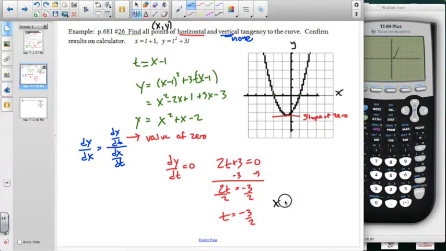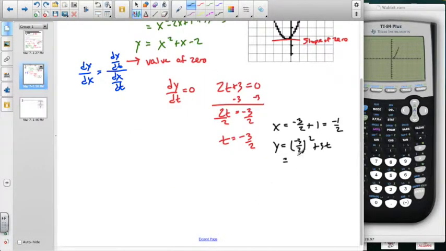So the value of x at a negative 3/2 would be plugging that in there, negative 3 over 2 plus 1. So the plus 1, this is 2 over 2, so we're talking about negative 1/2. And the y value is negative 3 over 2 quantity squared plus 3t. So that's a little more math involved there.